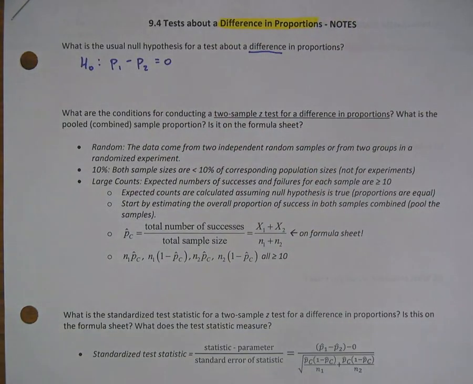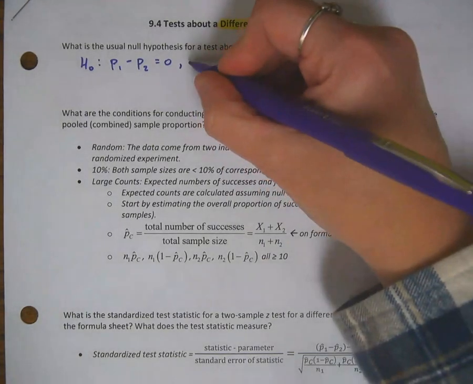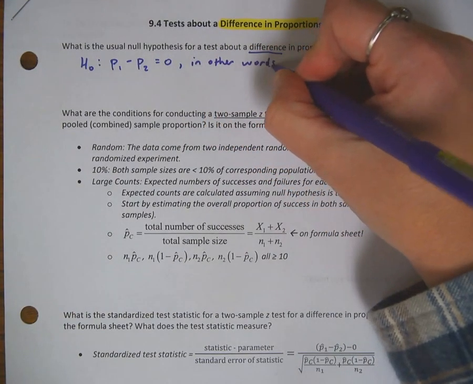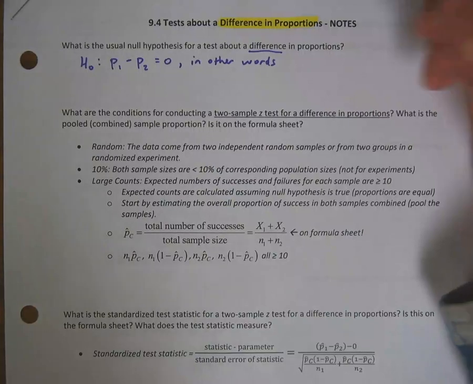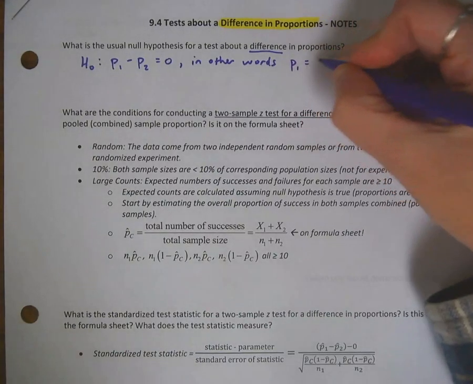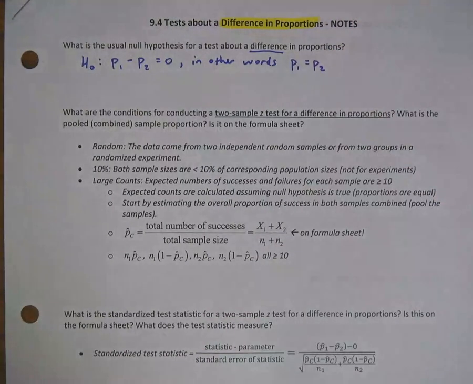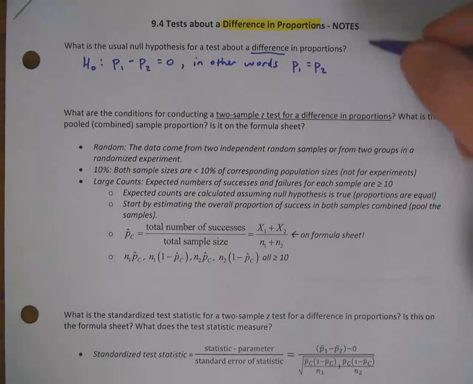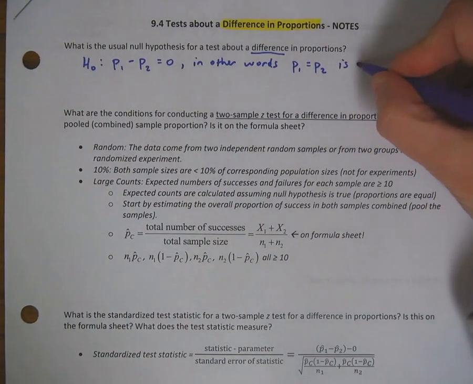If I take population proportion 1 and subtract population proportion 2, I get nothing. What that means is they are the same. We're going to work under the assumption that the population proportions are the same.